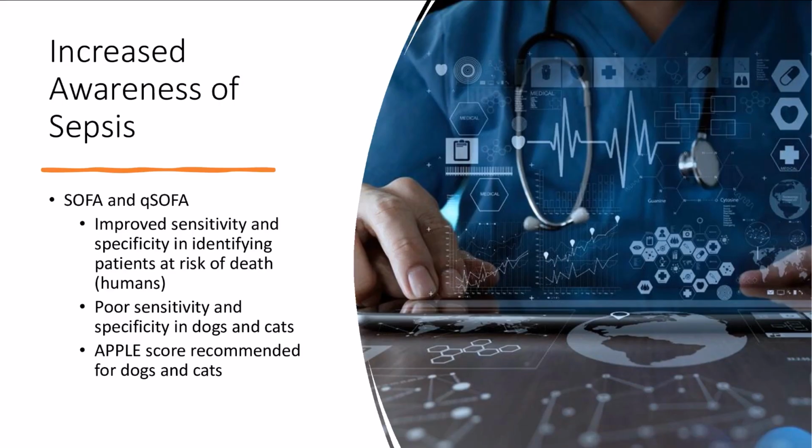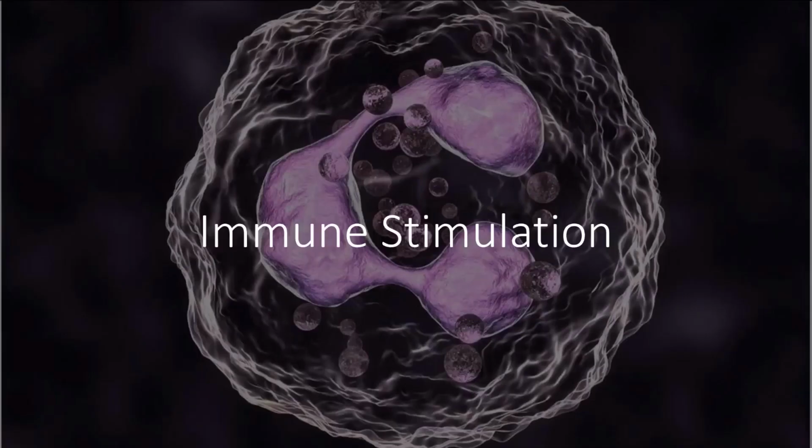That is the whole idea of these scoring systems. It's not to say, oh my goodness, you have an Apple score of 35, you're going to die. It's a matter of saying, well, your Apple score is 35, you're a really sick patient. I need to monitor and treat you with a great deal of attention to all of the things, including the things that we'll talk about tonight, to optimize or maximize the chances that you might recover.